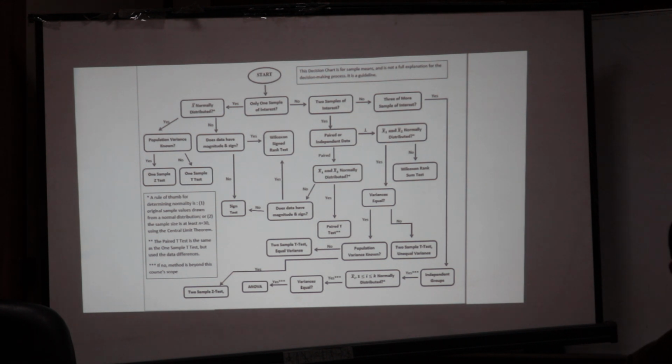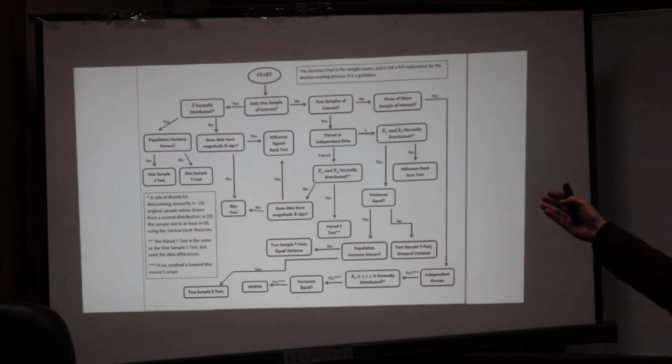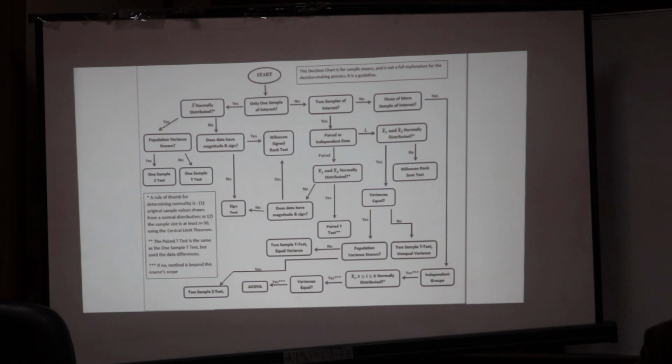They say how to choose the right test. For example, if we have a normal distribution, we can choose the t-test. If we have two samples, we go to either paired or unpaired. If we have one sample, we go to the one-sample t-test.